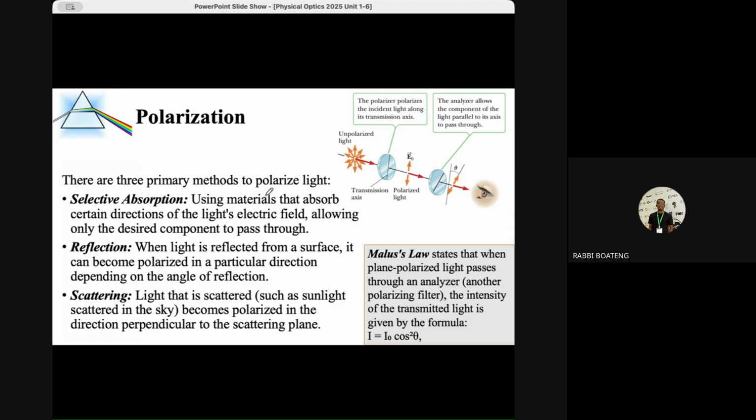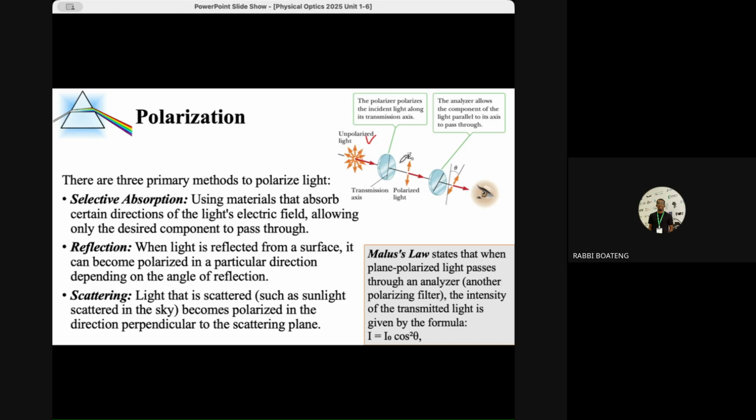Now, under polarization, we have ways of making an unpolarized light polarized. We have ways of selecting, from all the different directions of vibration, only one particular vibration. Look at what I have here. We have a light here, and the point is vibrating at so many different angles that we don't even expect, an irregular manner of vibrating.